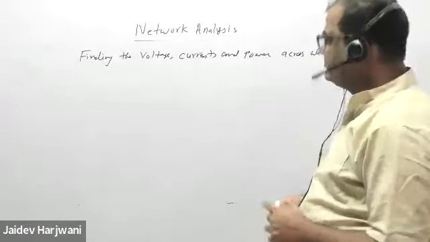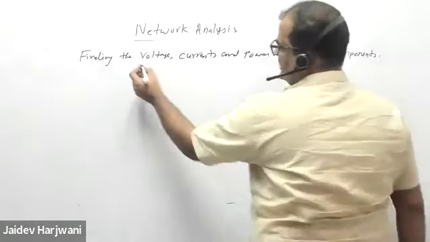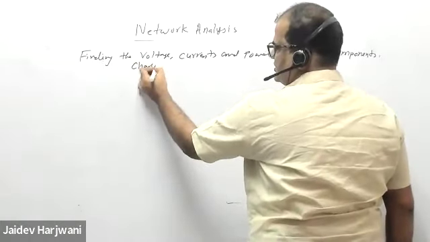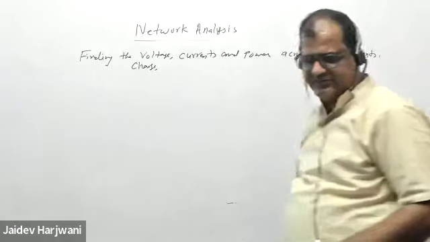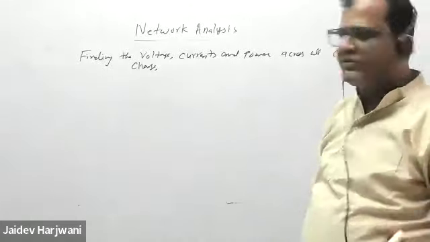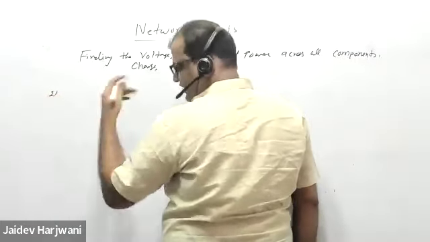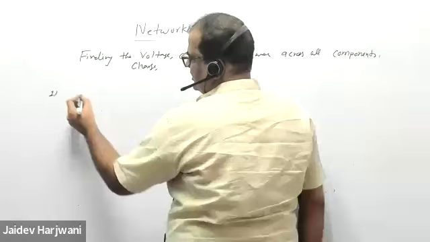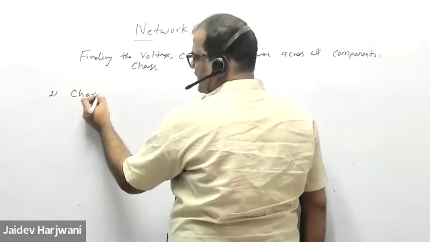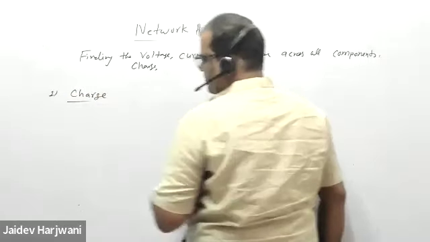Of course, we also want to find the charge. Charge is a fundamental electrical property. We want to find out how much charge is flowing across any branch, so the first thing we look at is charge.